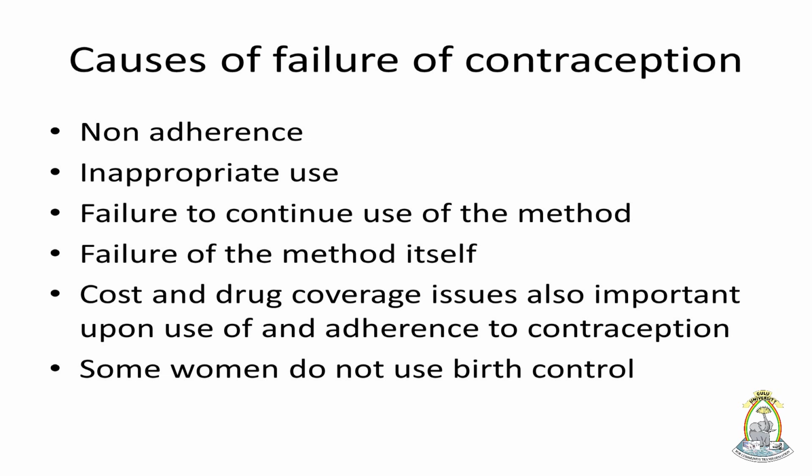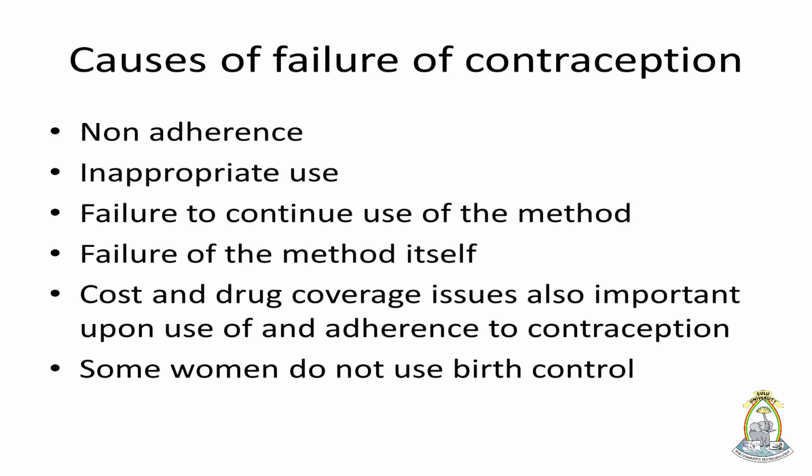How can we tell that a method of contraception has failed? It may be because of non-adherence, and this is very common. Secondly, it could be because of inappropriate use of the contraception. It could be because of failure to continue use of the method, or failure of the method itself. Intrinsically, some of these methods have their failure rates.